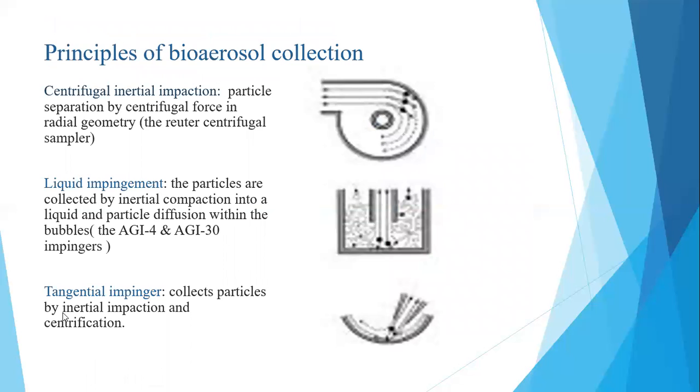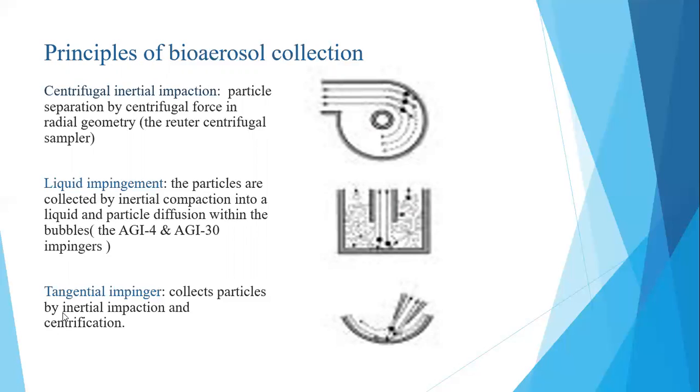The next one is centrifugal inertial impaction, with particle separation by centrifugal force in radial geometry. Then liquid impingement, where particles are collected by inertial impaction into a liquid or by particle diffusion within the bubbles.